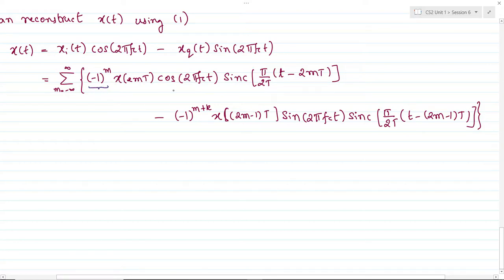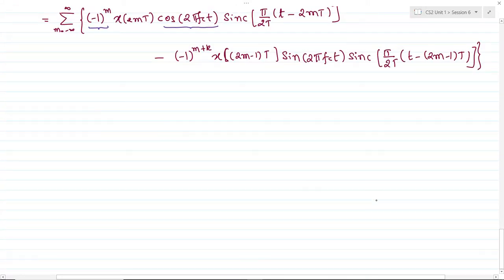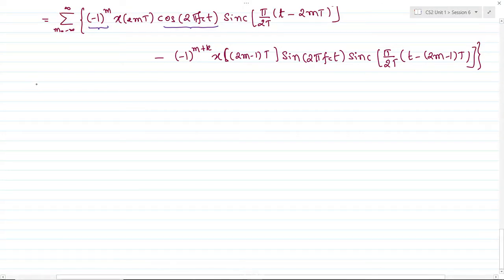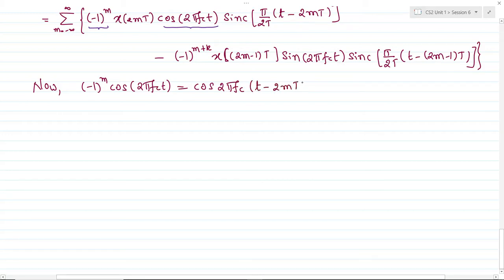Now this minus 1 per m times cos 2 pi fct can be written as cos of 2 pi fc times t minus 2mt. This is simple. We can prove this by utilizing the basic principle of cos a minus b expansion from trigonometry.